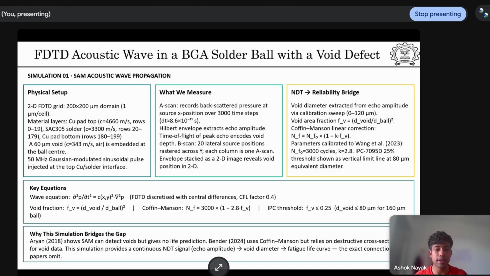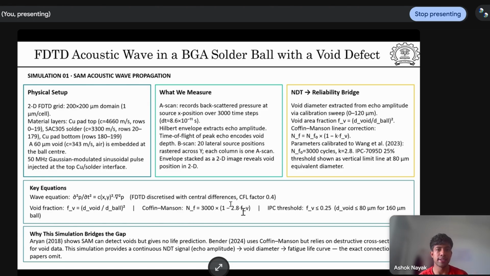Now, for this particular slide, I'll walk you through simulations 1 and 2 briefly that we implemented for this project. Both simulations take a specific NDT signal and trace it all the way to reliability prediction. That's the bridge we've been describing. Simulation 1 mimics exactly what a scanning acoustic microscope would measure.